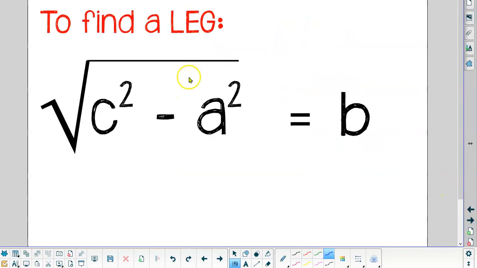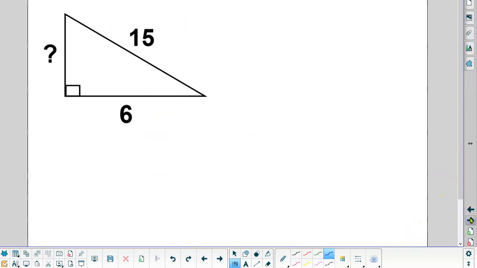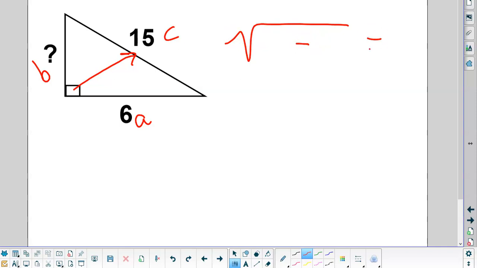Now let's practice the subtraction formula. How do you find a missing leg? Again, the first thing you should do is label your hypotenuse. The other two don't matter. So anytime you're missing a leg, you're going to have a subtraction problem, and the hypotenuse should be first. It doesn't matter which letters go inside here. Just make sure that it matches the letters you've labeled in your problem.